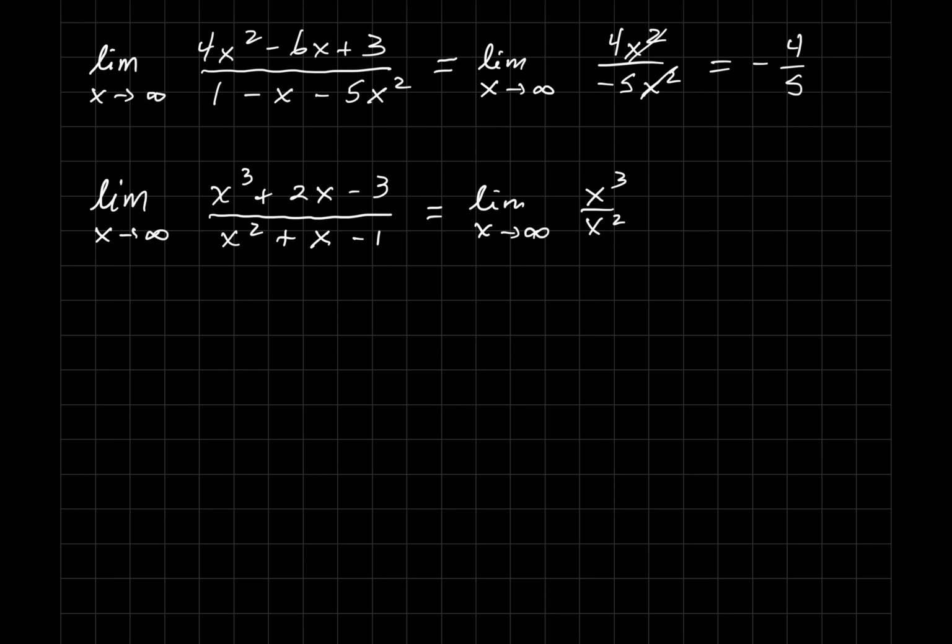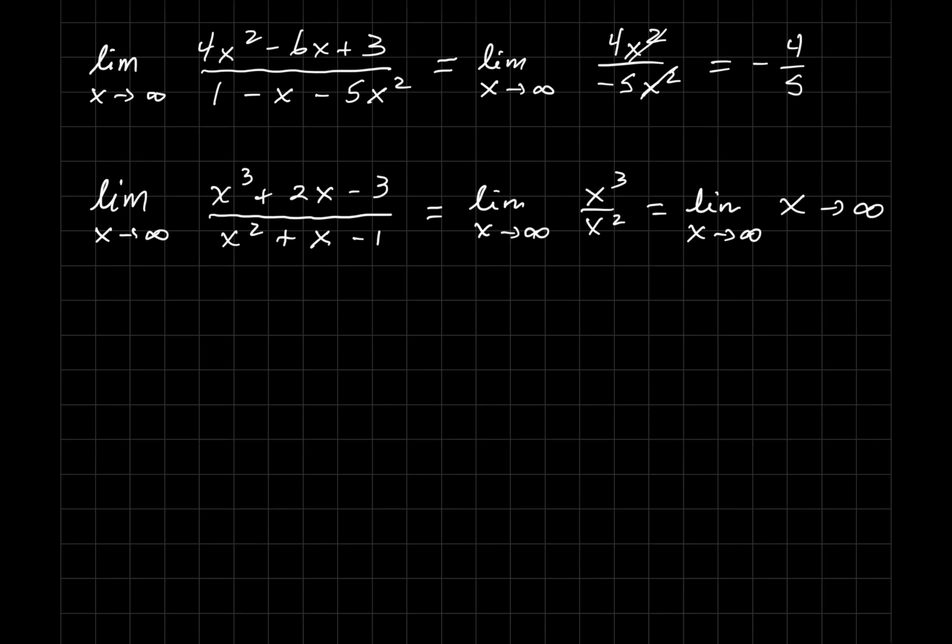It's a good way of doing it. My students sometimes do it another way, which I'll let you figure out. But if I plug in, I of course get infinity over infinity. But I could simplify x cubed over x squared to equal x. And if I plug in, that gives me infinity. Now, I already knew that by looking.